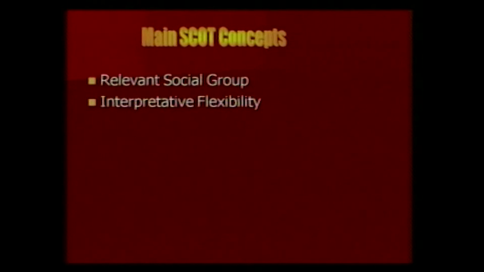Interpretive flexibility is a term that came over from the sociology of science. Historians and sociologists had shown that scientists often debate about the facts of the matter. This happens during a research controversy at the research frontiers, whether something's one way or another way.